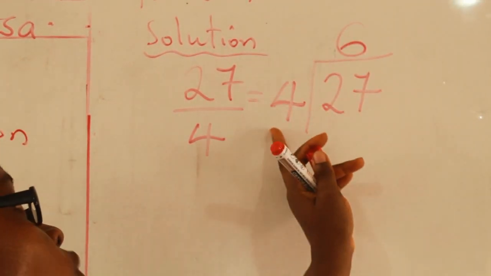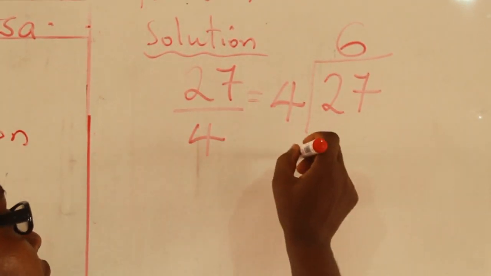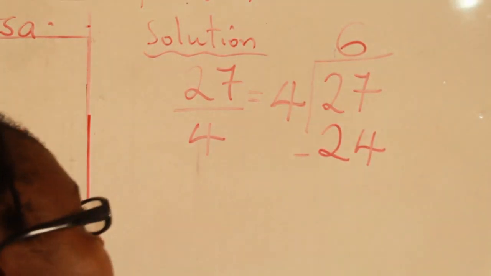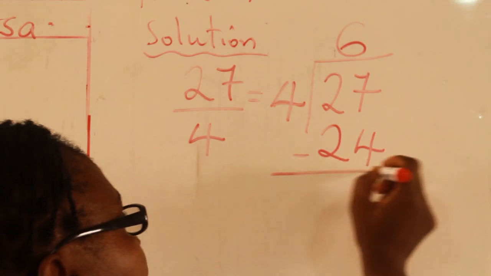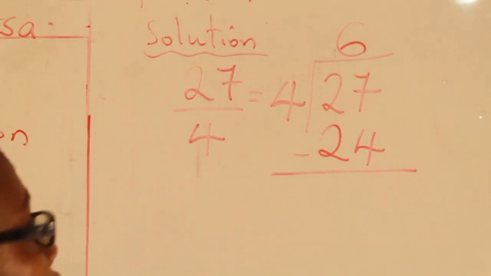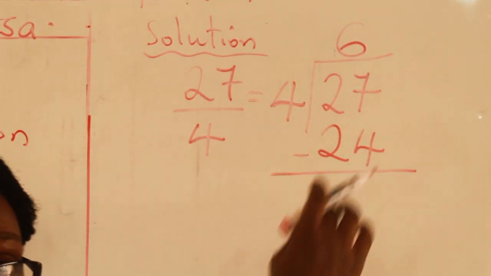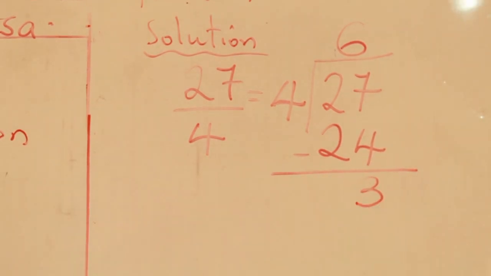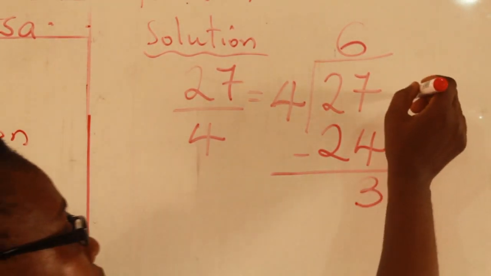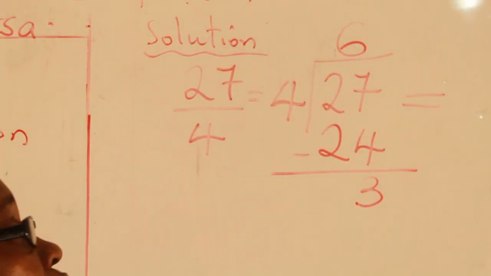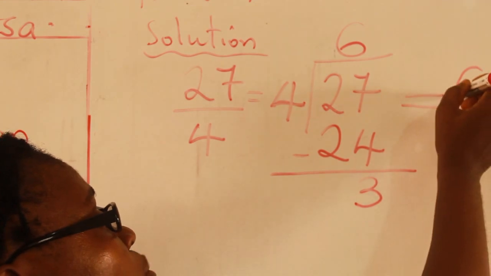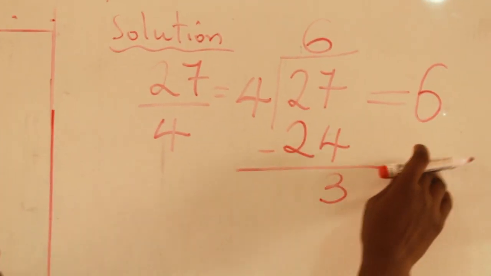6 times 4 will give us 24. And don't forget to subtract. 7 minus 4 will give us 3. And then we write out our answer. The whole number will come from our first number up, 6.